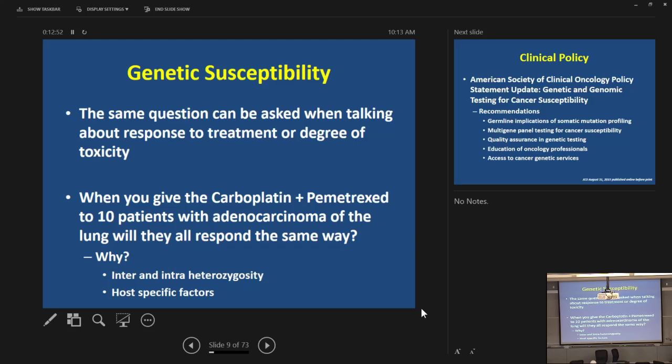Not everybody's going to have the same genotype. They may all have adenocarcinoma of the lung, but they're not all the same genotype. They're not all from the same genetic thread. So with that, we have intra and inter heterozygosity, right? Not everybody's genes are all the same. We could even have two brothers that have this, and they won't exactly have the same genes, right?